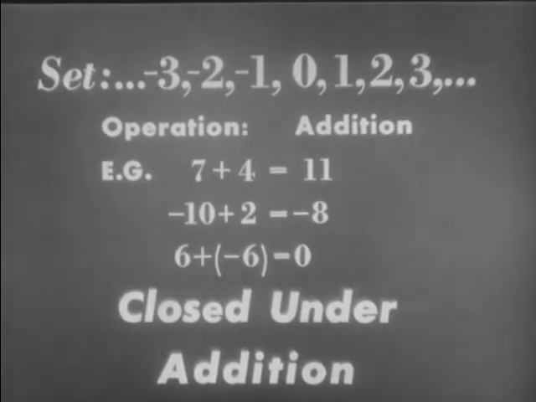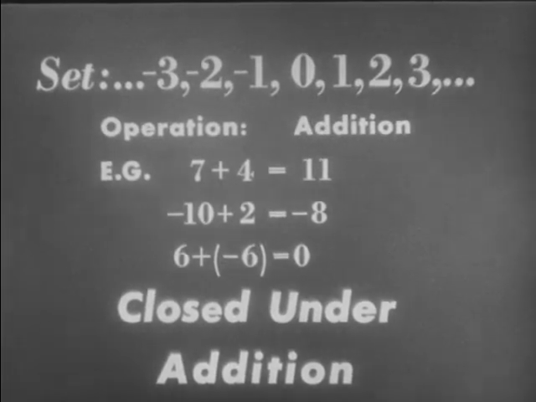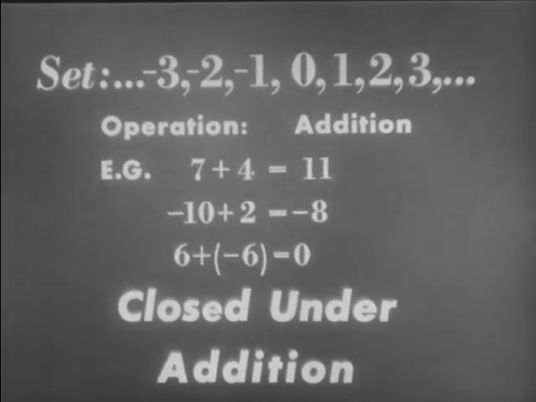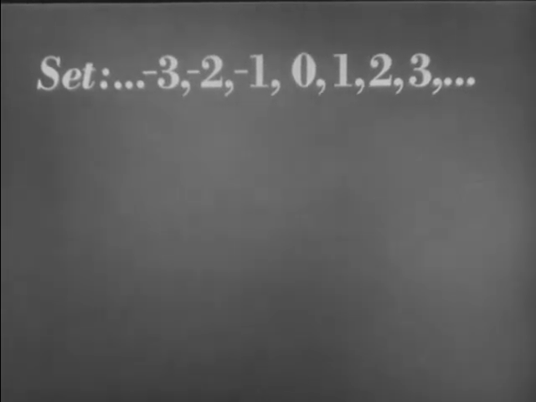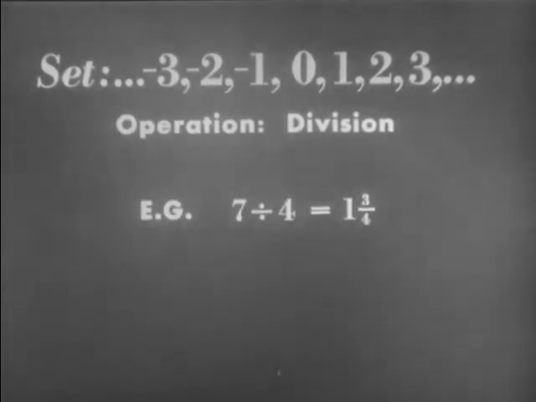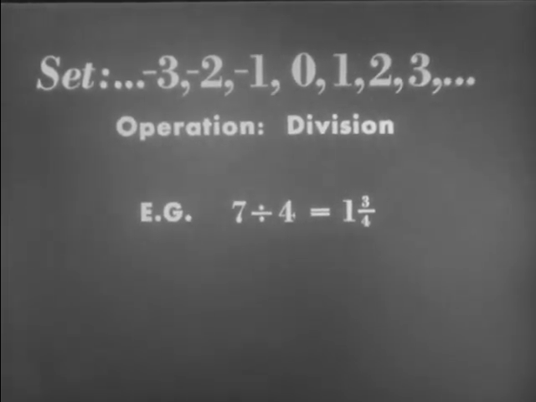That is, if the result of an operation is always an element of the set, we call the set closed under that operation. Now suppose we see what happens in this set when our operation is division. If we divide 7 by 4, we get 1 3/4. Our result now is not an integer like the elements.